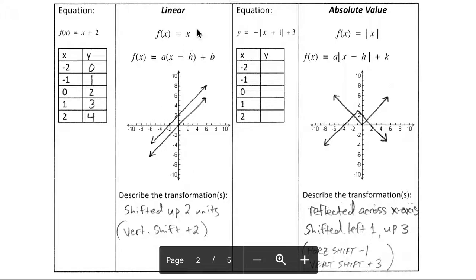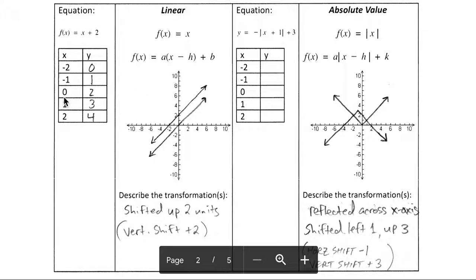What happens if I add that y-intercept, or that constant, out to the side of it? Well, it just shifts the function up or down, depending on whether that value is positive or negative. So since we have a positive 2 as our vertical shift value, then we're going to shift up from where the original graph was.